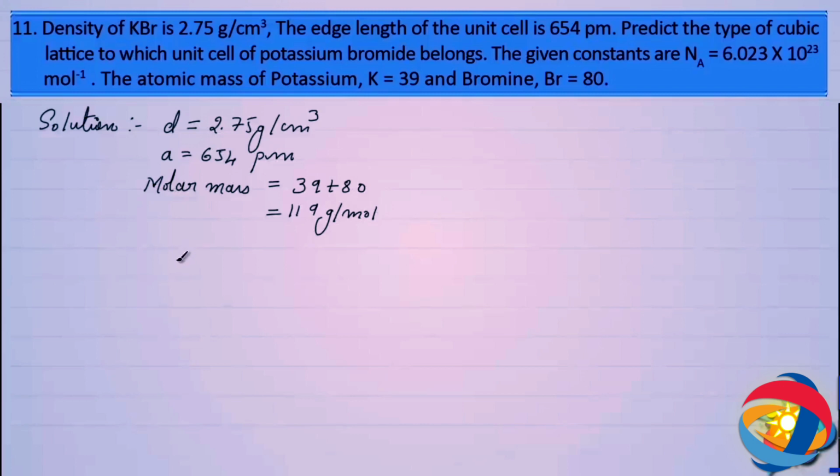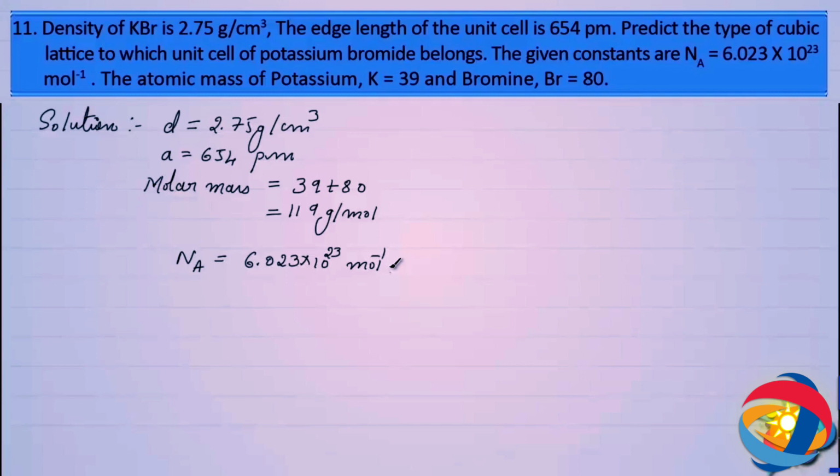And the Avogadro number is Na is equal to 6.023 into 10 to the power 23 per mole. Based on the number of atoms in the unit cell, the type of arrangement can be predicted, whether it is simple cubic unit cell or body-centered cubic unit cell or face-centered cubic unit cell.